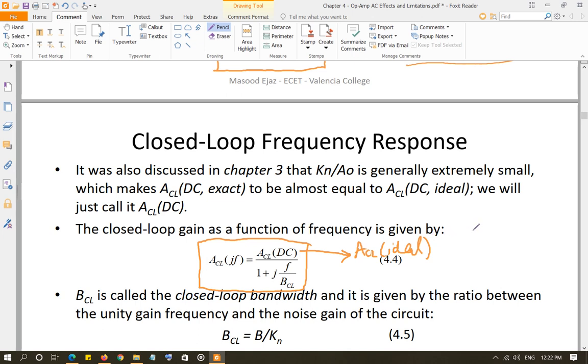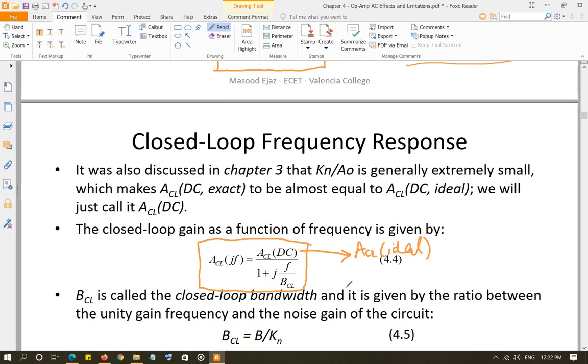If it is a non-inverting amplifier, it is going to be 1 plus RF over R1. If it is any other amplifier, you calculate the ideal closed loop gain of that amplifier, and then substitute that over here, and then you can figure out what will be the gain at any specific frequency. Alright, so ACL ideal over 1 plus j f over BCL.